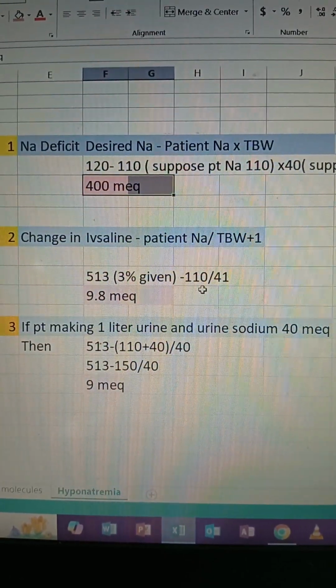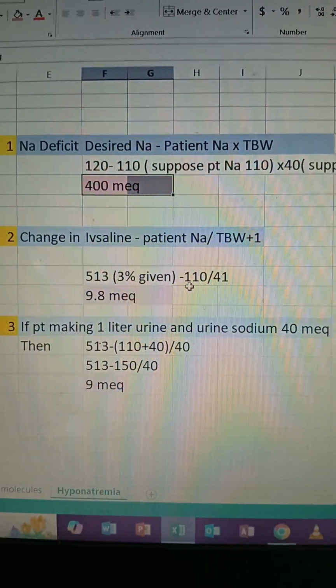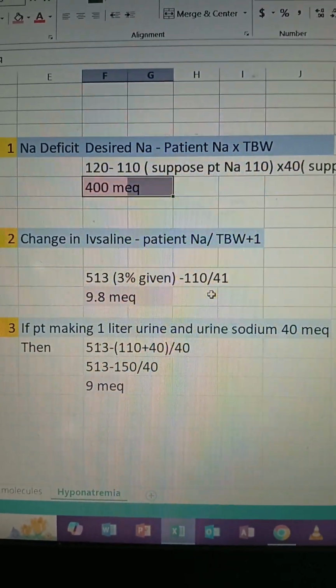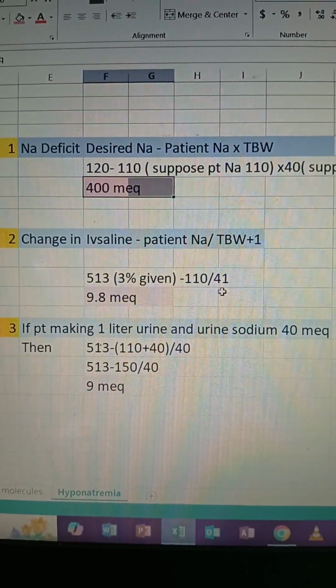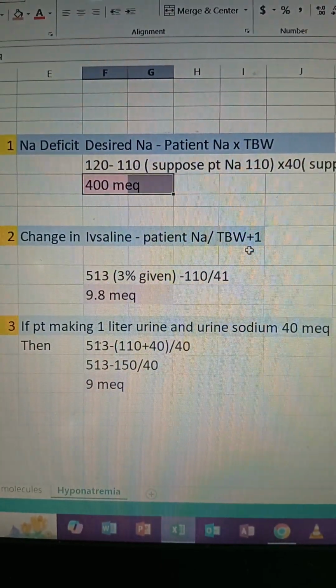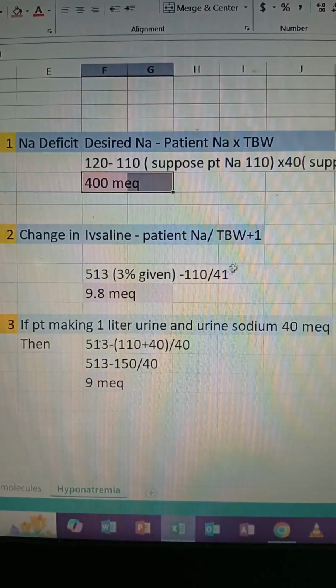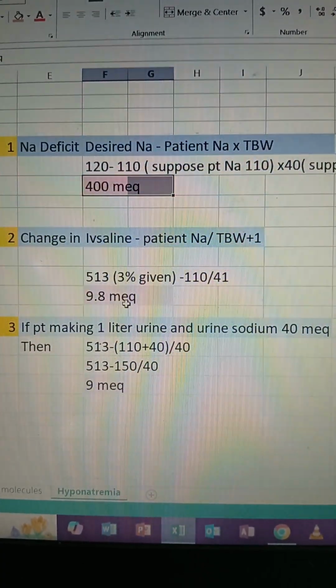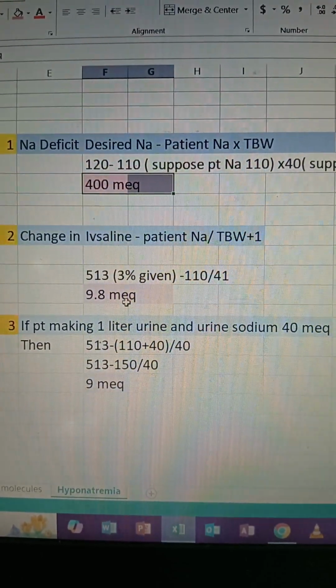We subtract 110, the patient's sodium, from 513, and divide by the total body water plus 1, as this is the formula given in the Adrogue formula. So it makes 9.8 milliequivalent. This is the change in sodium basically.